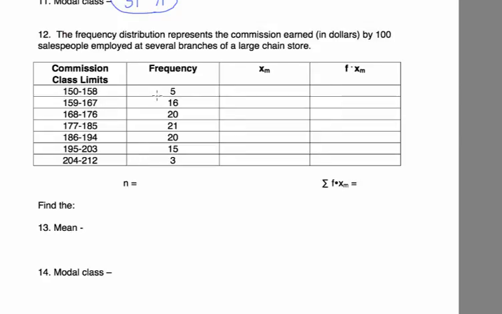Again, to be able to find my mean, I need an actual number. So we're going to use the midpoint, in this case 154, and assume that all 5 of these people made $154 of commission. I'll continue to find the midpoints, again, by adding 159 plus 167, enter, divide by 2.